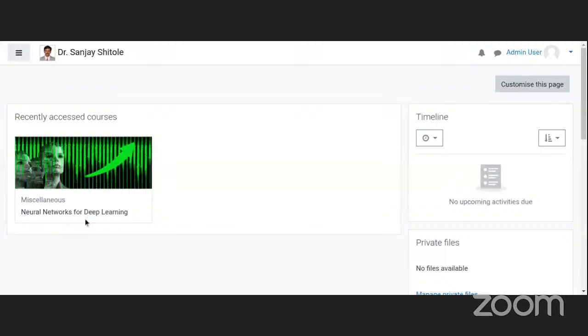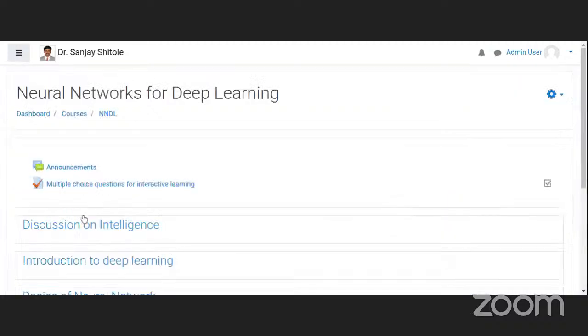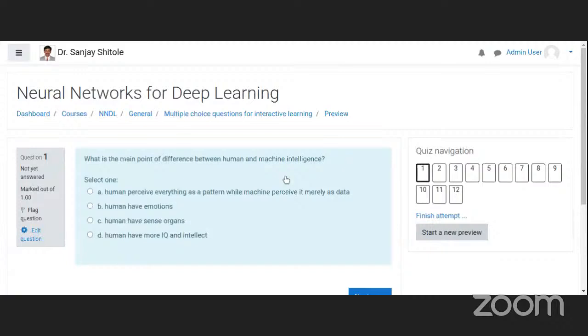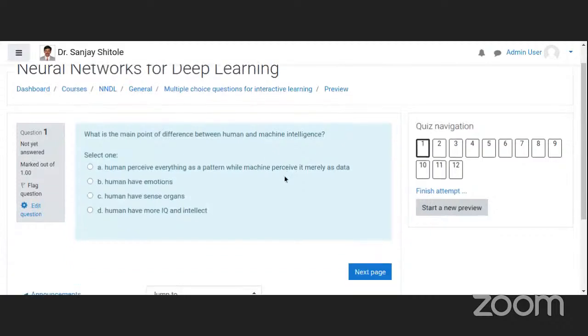So now I will click on this neural network and deep learning menu, and what we will observe here is one thing available for you. Yes, now you are observing something. Can you read this first line? What is the main point of difference between human and machine intelligence? Out of these 4 options, which option is correct?